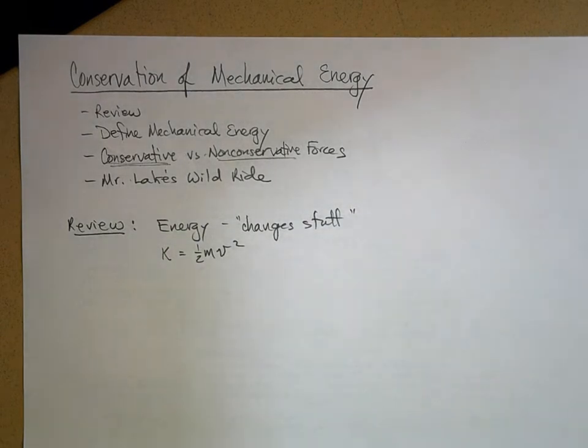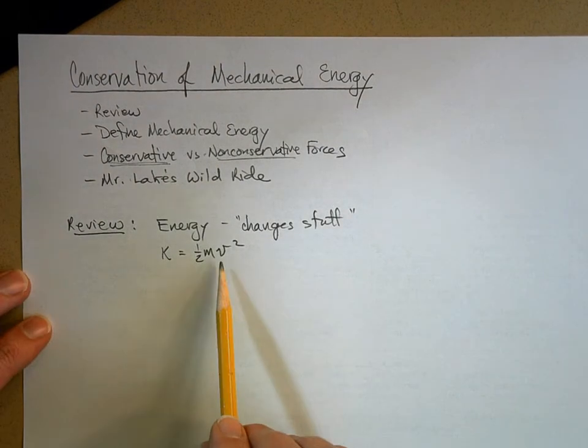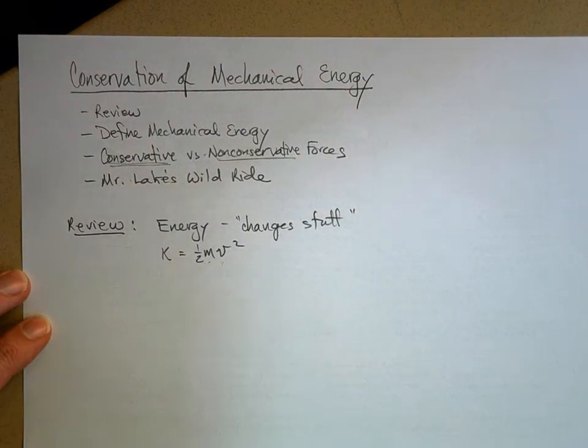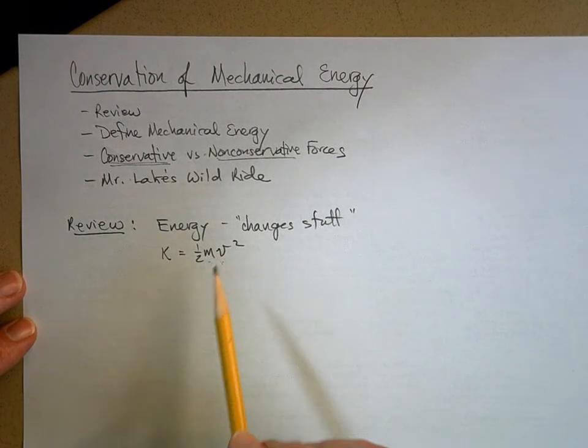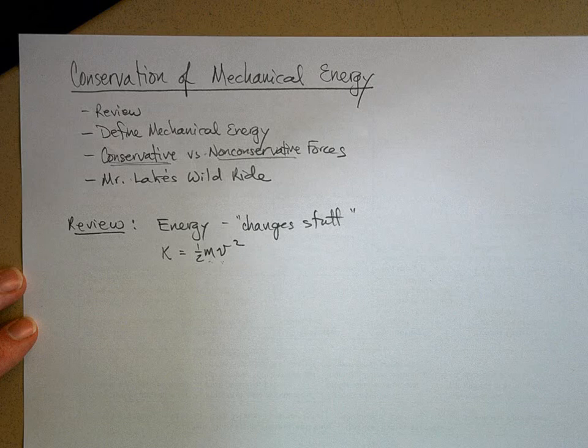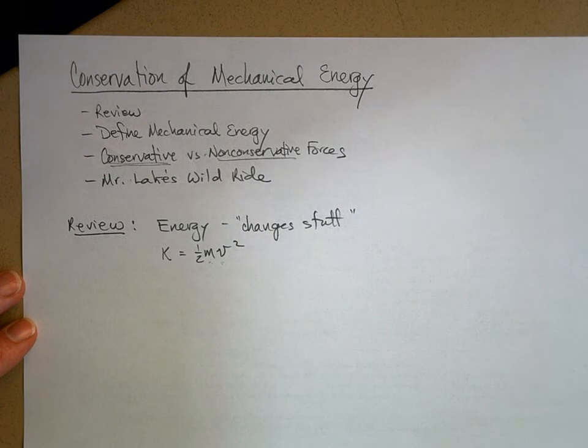The result of doing that work, that force times distance, was the object having some speed. And because that object now has mass and speed, it can now do work somewhere else. So kinetic energy is a way that energy is stored in an object because it's moving and has mass.